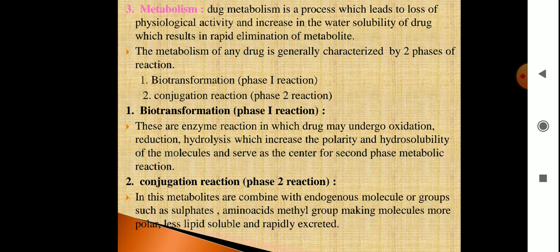In this, metabolites are combined with endogenous molecules or groups such as sulfates, amino acids, and methyl groups, making the molecule more polar, less lipid soluble, and rapidly excreted. This is about the metabolism.